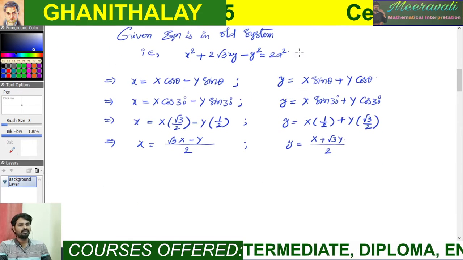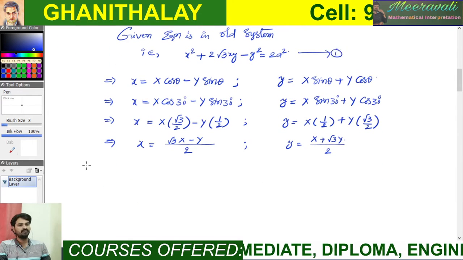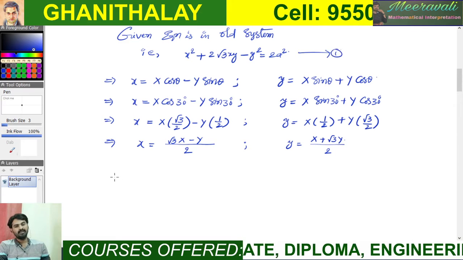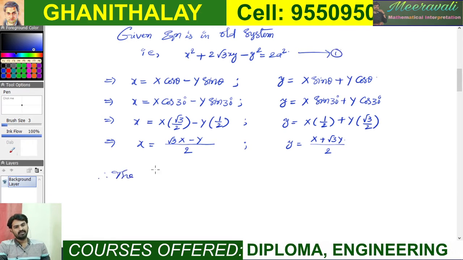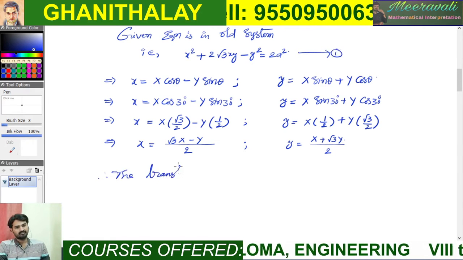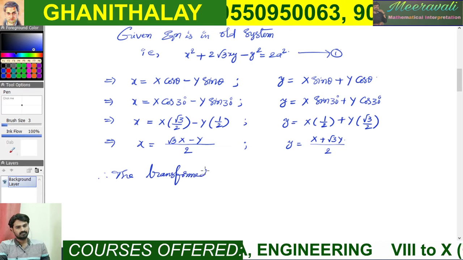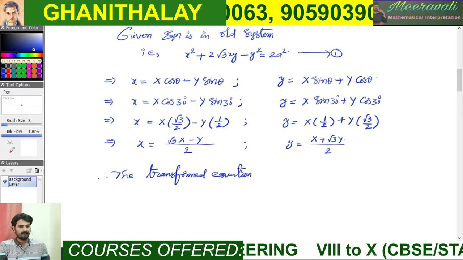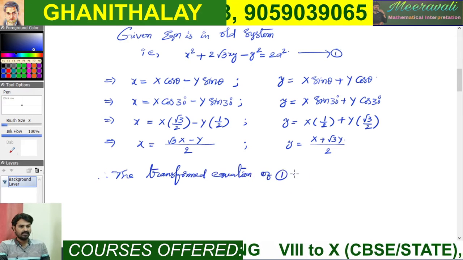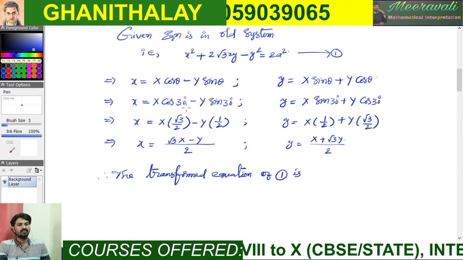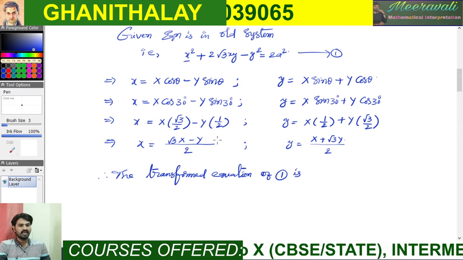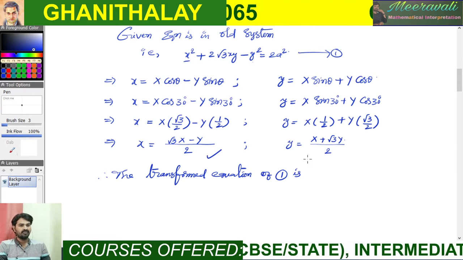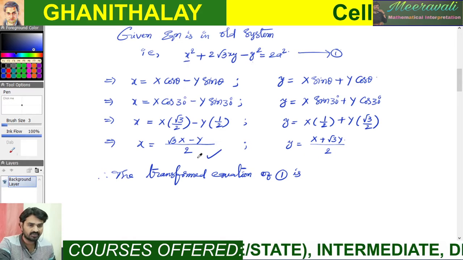Now I am going to write here, this is equation 1. Now finally, therefore the transformed equation of 1 is, by taking this, you can put small x as this answer and small y as this answer in equation 1.